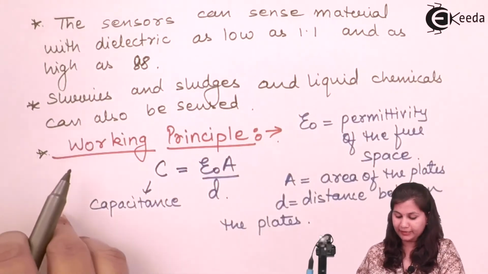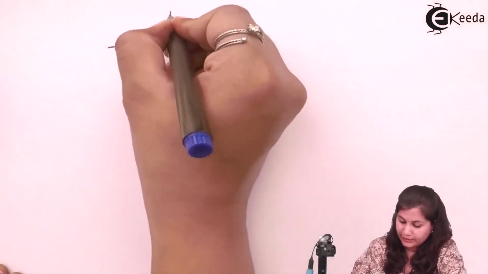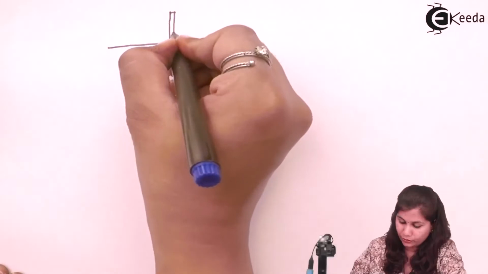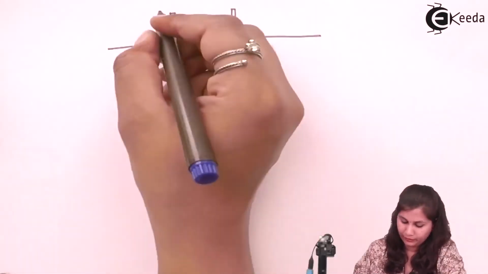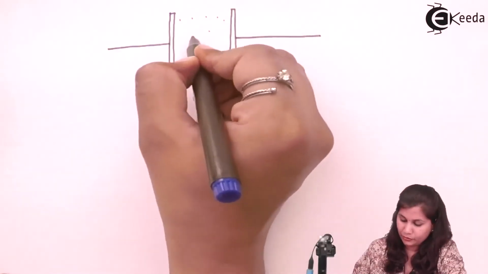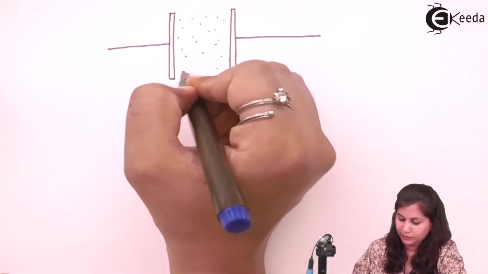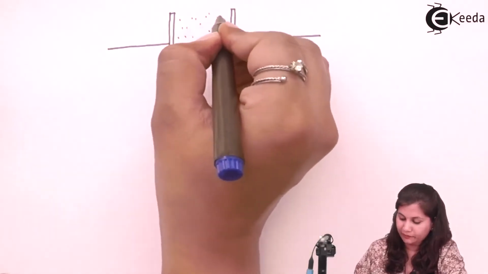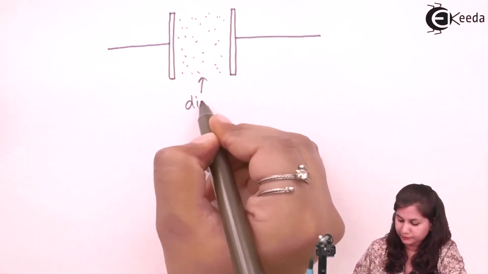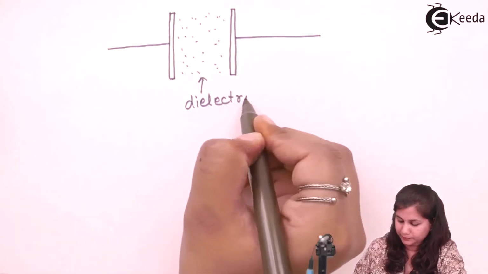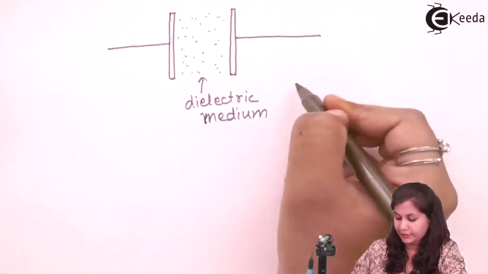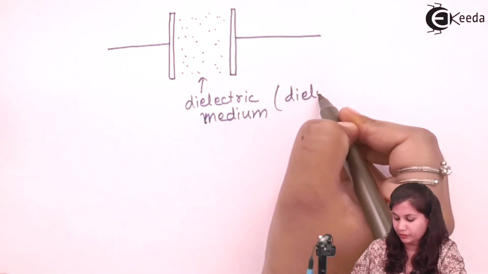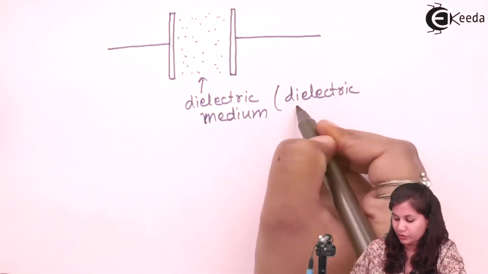If we see the construction of a capacitor, it consists of two electrodes, and in between these electrodes we have a dielectric medium, which has a value of the dielectric constant.